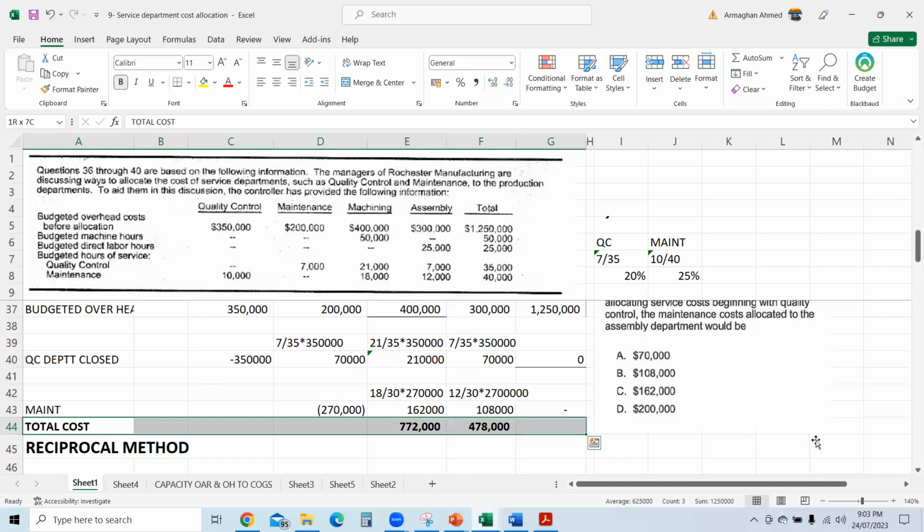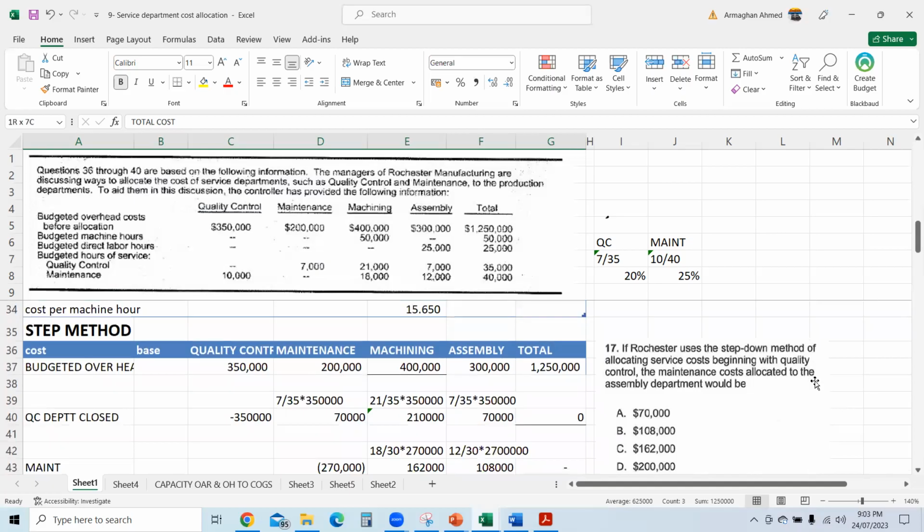So anyway, what was the requirement? Direct method, step method used, starting first of all with quality control. How much maintenance cost is allocated to the assembly department? 108,000. Yes, 108,000, right?